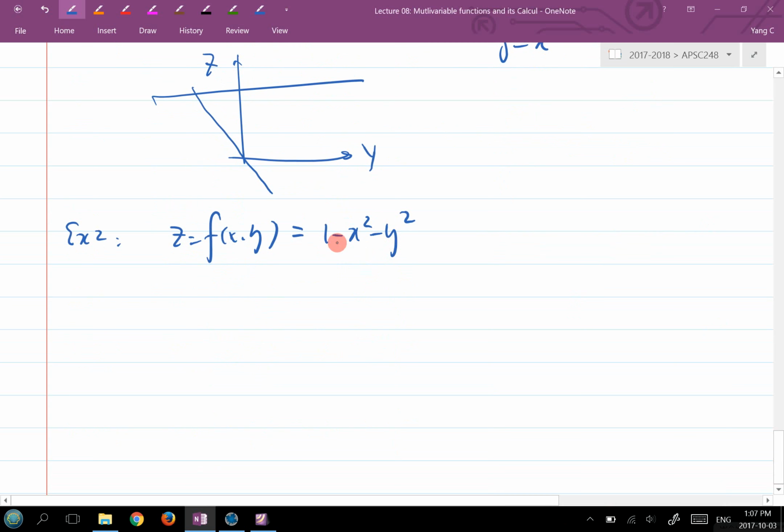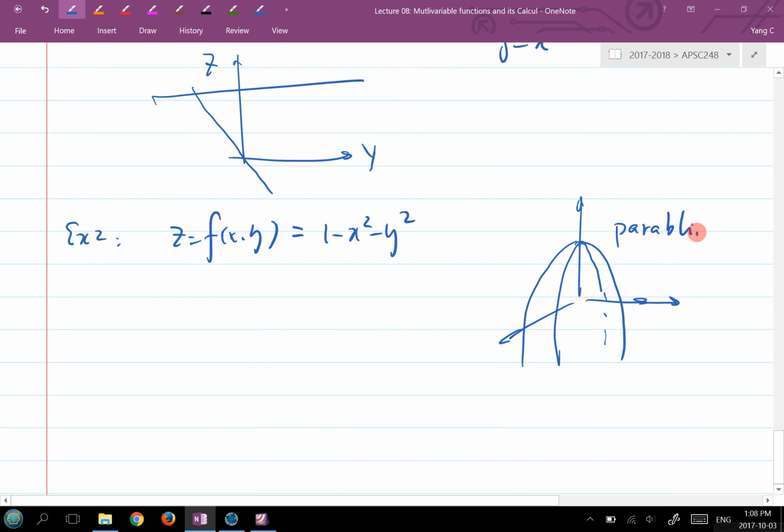Good. So if you plot this out, you'll see that it's essentially an inverted bowl kind of curve like that. It's an inverted so-called parabola, a paraboloid. So this is a paraboloid type of shape.